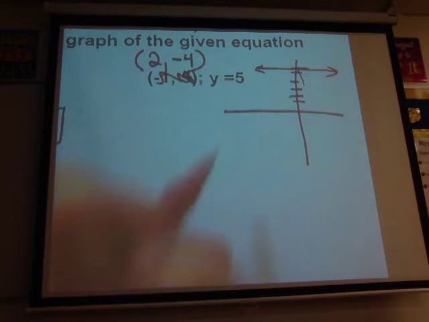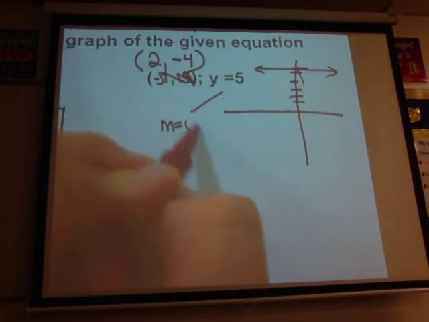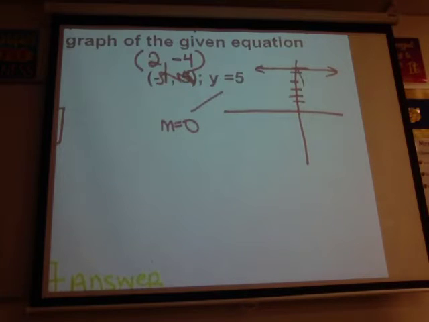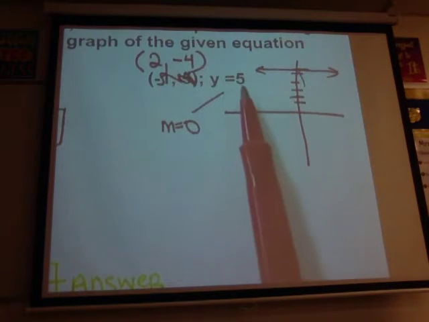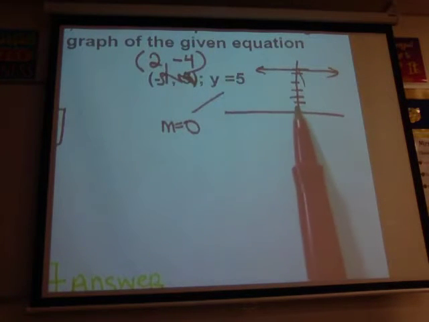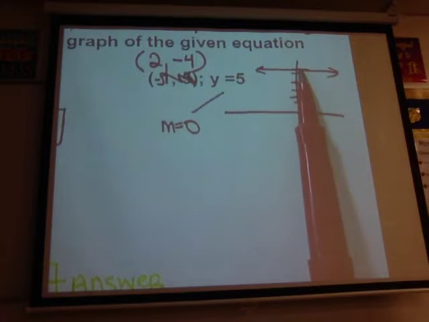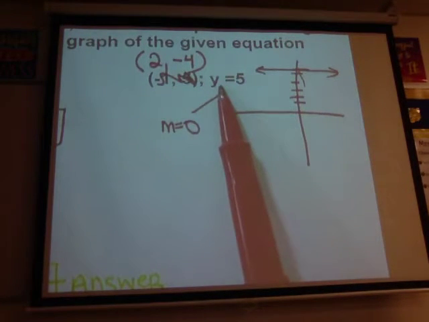It would be a slope of 0. All I did was sketch out a quick graph. It doesn't matter if it's perfect or not. I went up 5: 1, 2, 3, 4, 5, and drew a line through the y-axis because it was y equals.